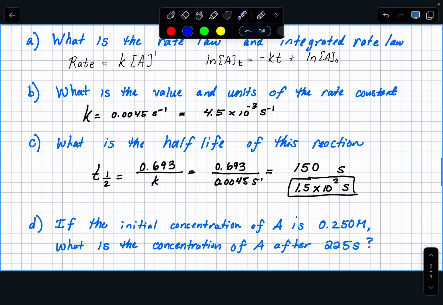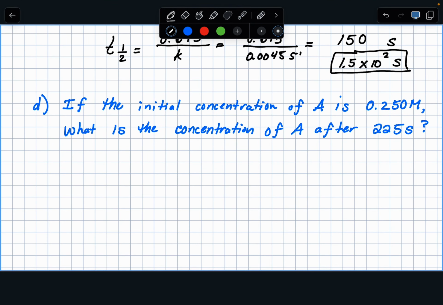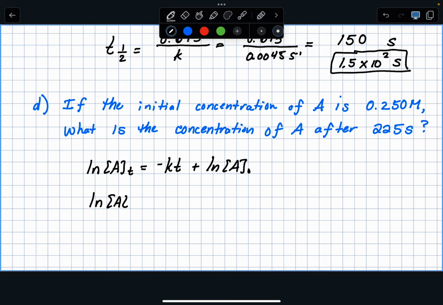Okay, so for this one, we just want to use the correct integrated rate law equation. So I'll just rewrite it for you. So it's natural log of A at any time equals negative KT plus natural log of A naught. And so we're going to find the natural log of A at time t.